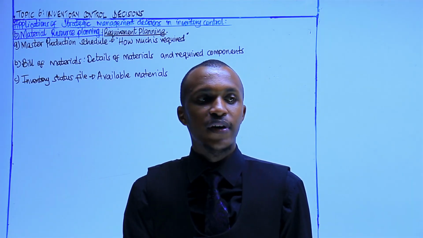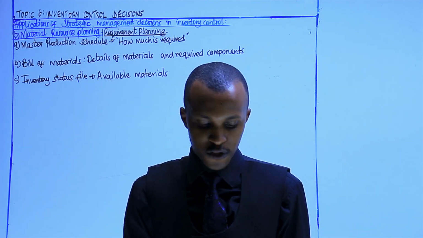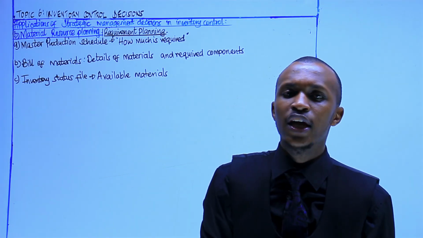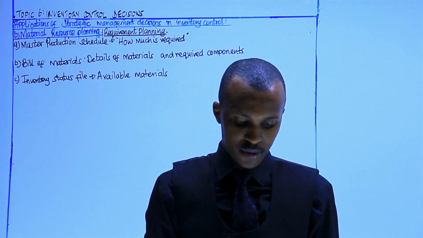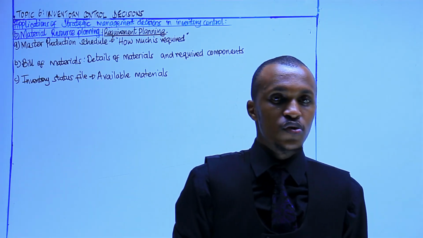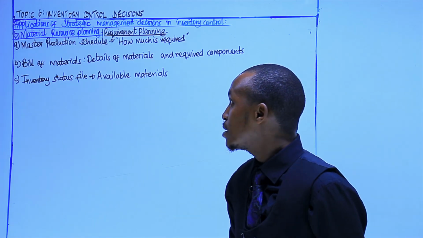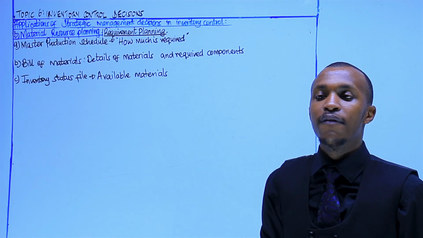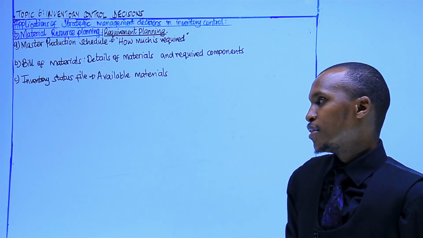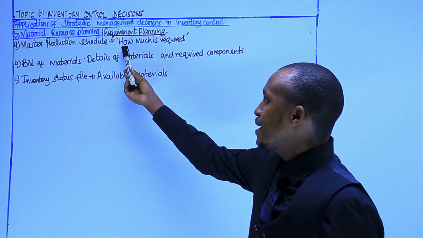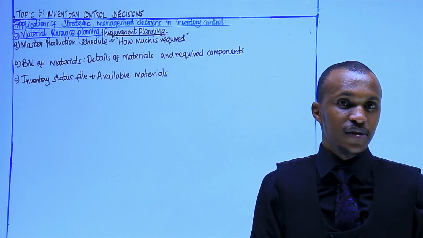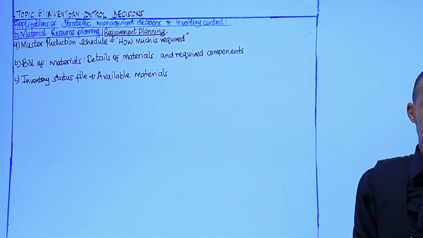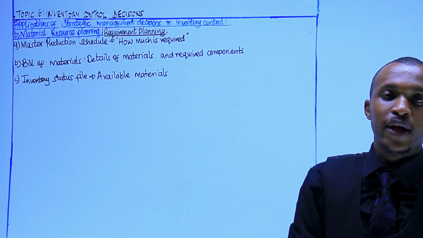One of the disadvantages of material requirement planning is that it is so reliant on input data for accuracy. If the input data is inaccurate, then your decision making will also be affected. Remember, your production plan tells you how much is required, and you work backwards from the finished goods to what you require.